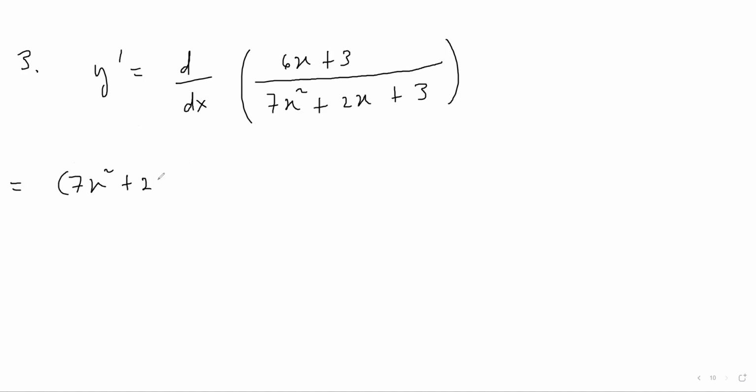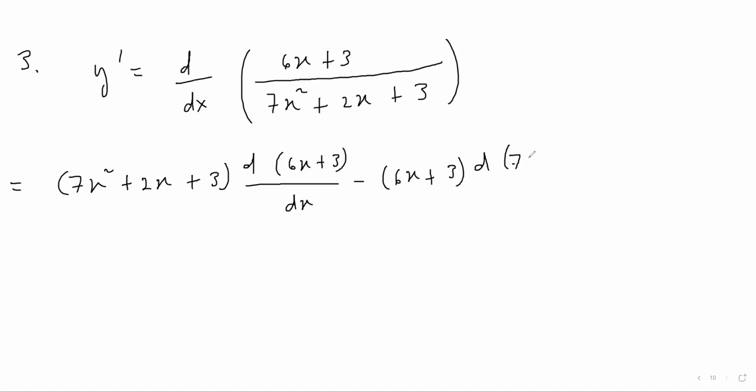So you go 7x squared plus 2x plus 3, multiplied by the derivative of 6x plus 3 with respect to x, minus 6x plus 3, multiplied this time by the derivative of 7x squared plus 2x plus 3 with respect to x.